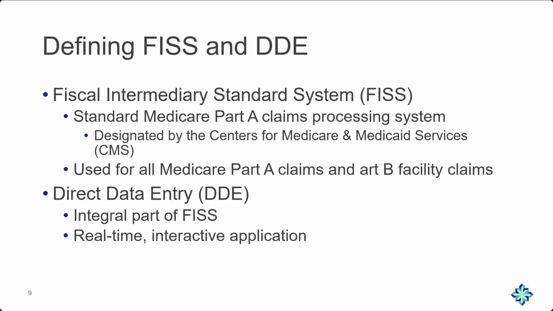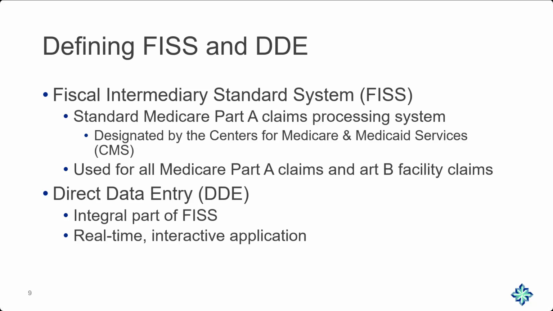Before claims processing contractors were known as MACs, Medicare Administrative Contractors, there were fiscal intermediaries for Part A, and so that's where that part of the name comes from. And then on the flip side, there were state Part B carriers, and they processed Part B claims for professional fees.